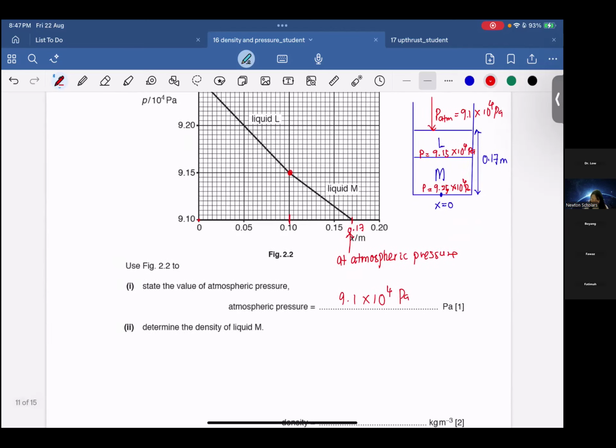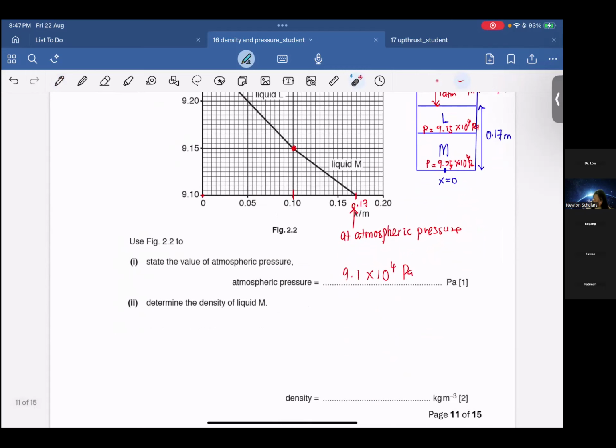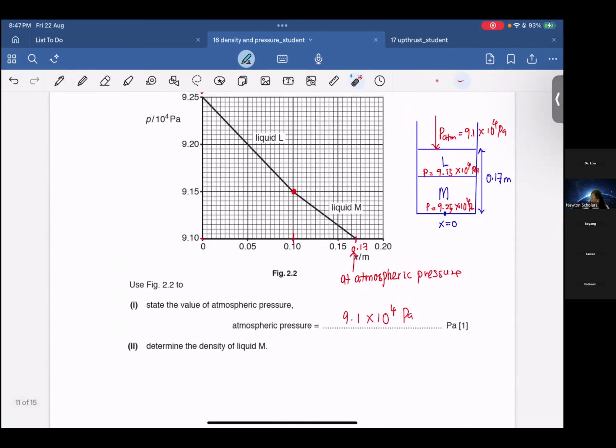Okay, then at here they ask you to calculate the density of liquid M. They want to know the density of liquid M. So at here, how you find? P equals to rho g h. So at here, what is the pressure acting on liquid M?